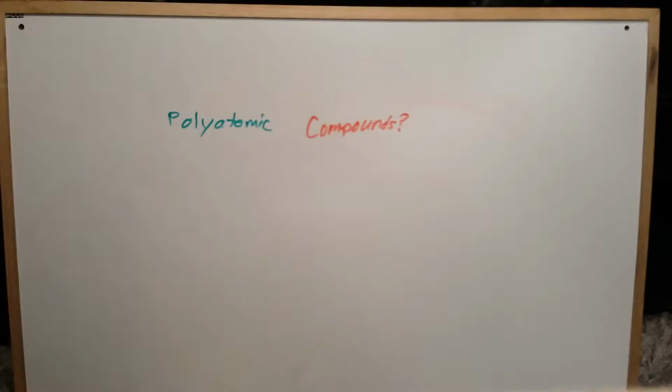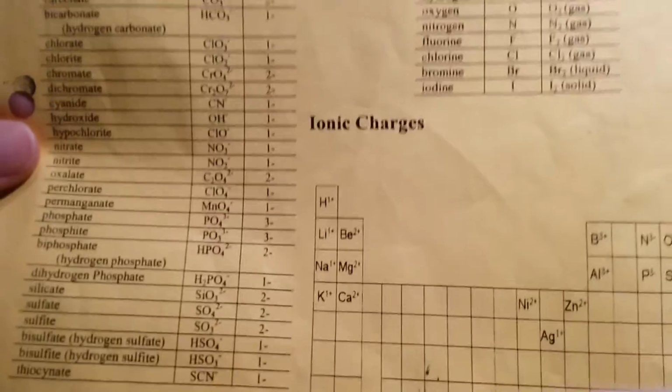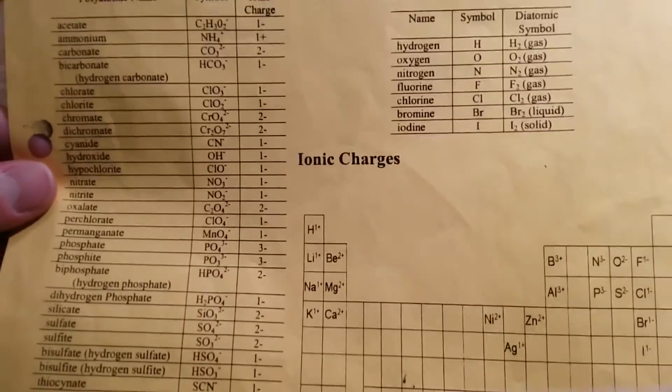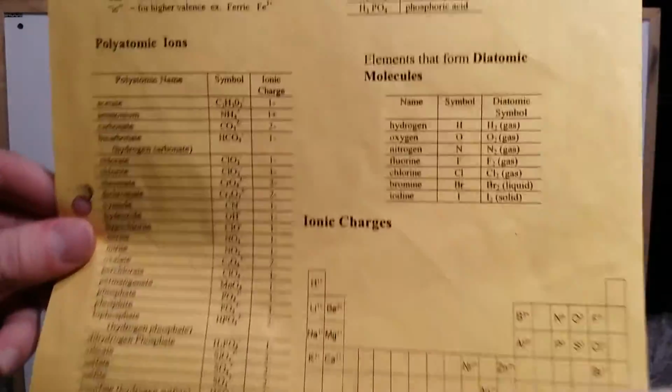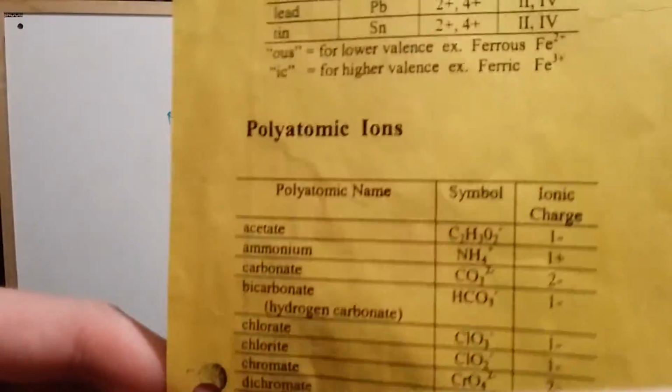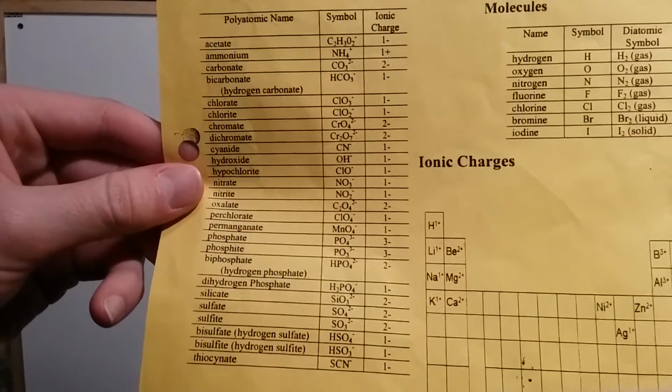So I have this sheet here. I'm going to let you look at it. If you need to, please pause the video now, just to get a good look at this left column here. As you can see, it says polyatomic, and these are all the ions.